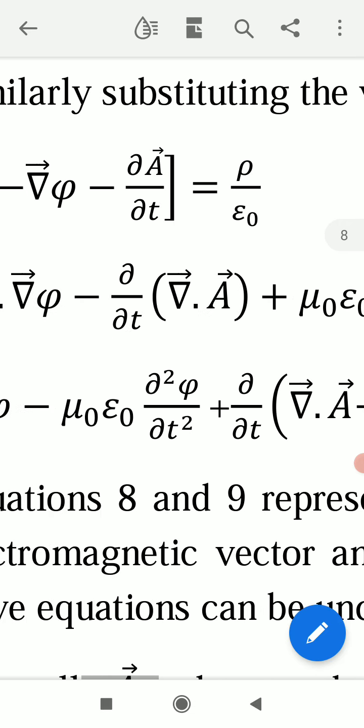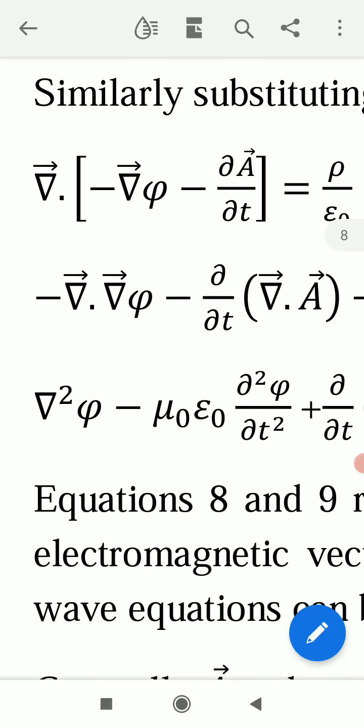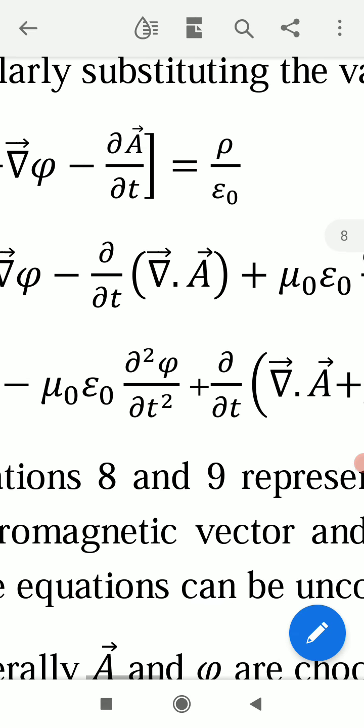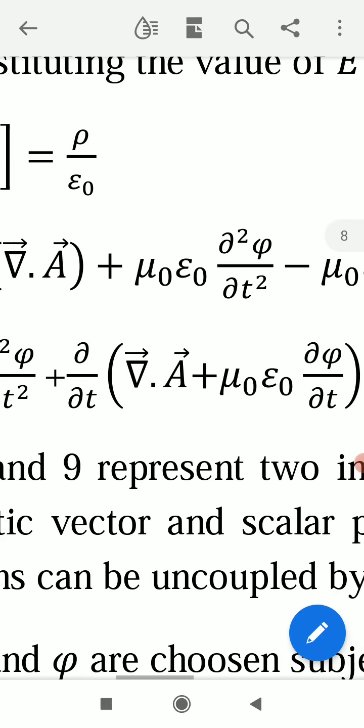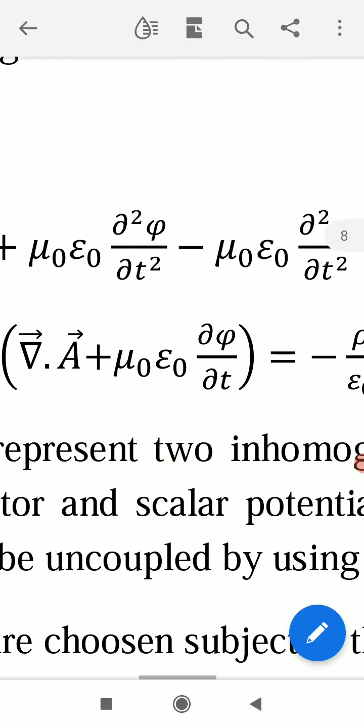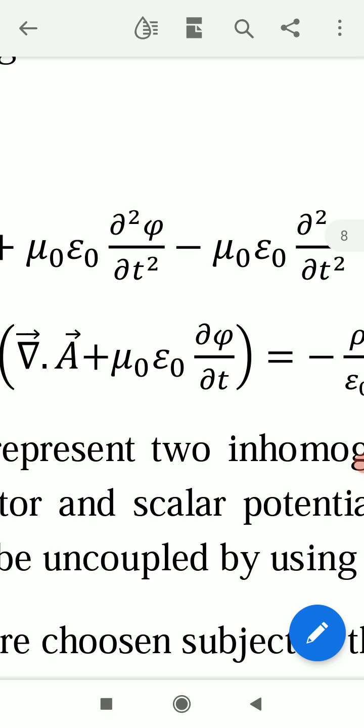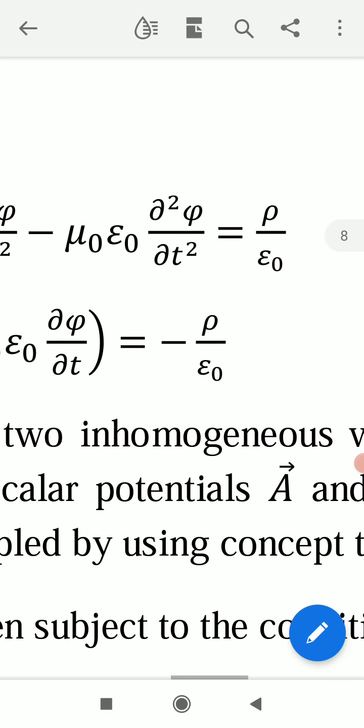In this way we can write this equation as del square phi, del dot del is del square phi, minus mu 0 epsilon 0 d2 phi by dt square plus delta upon delta t del dot A plus mu 0 epsilon 0 delta phi upon delta t equal to minus rho upon epsilon 0.